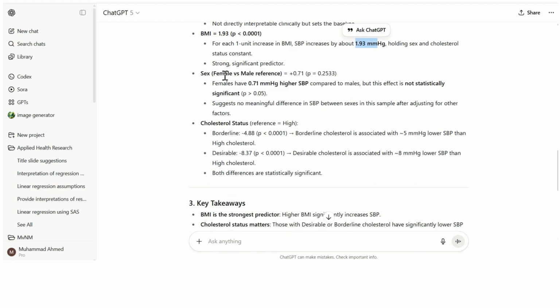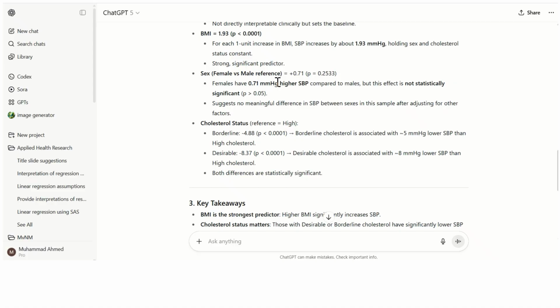Moving on to sex, female versus male. We see that after adjusting for BMI and cholesterol status, females in fact have slightly higher, I mean it's not very significant, but still it is reversing our earlier finding that females have lower systolic blood pressure compared to males.